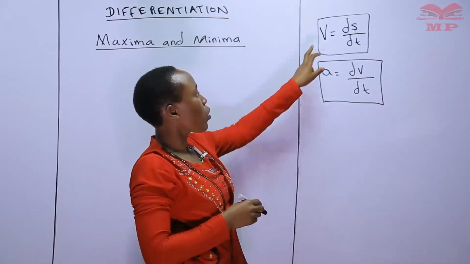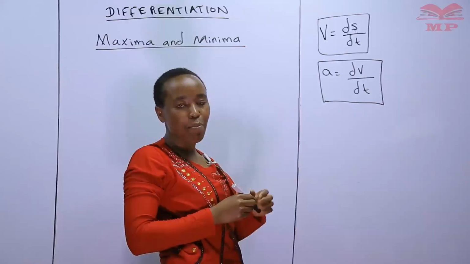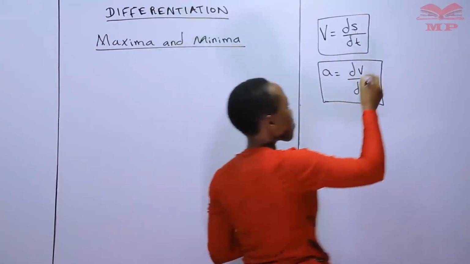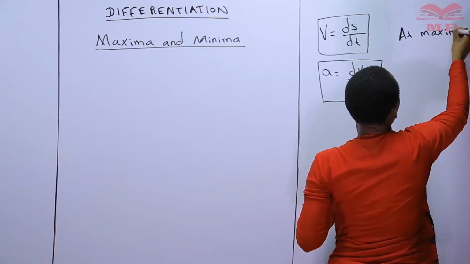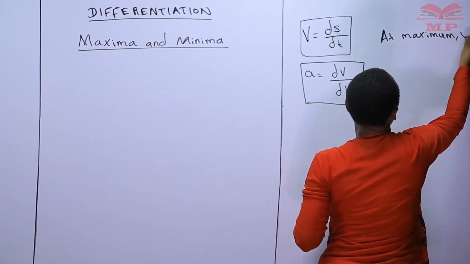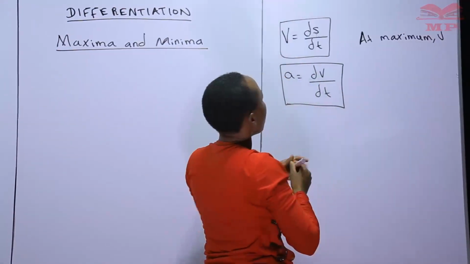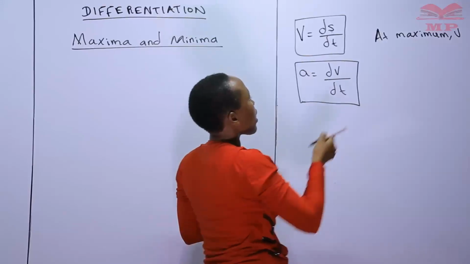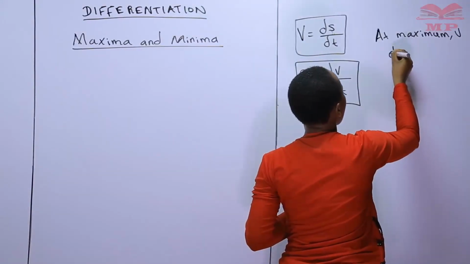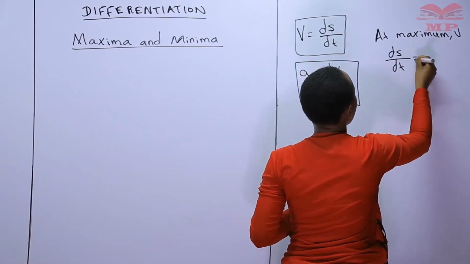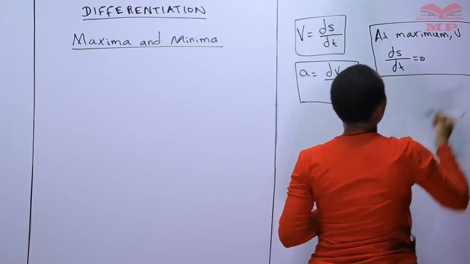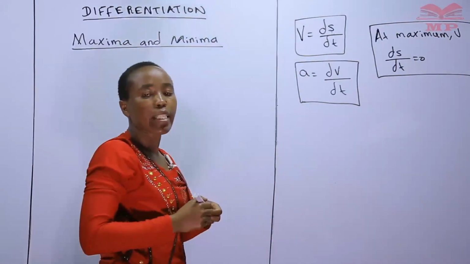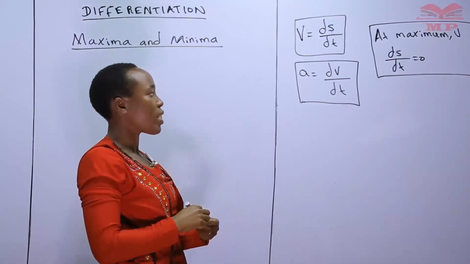We said when we want to calculate the maximum velocity, at maximum velocity, ds over dt is equal to 0, meaning that the gradient is 0.